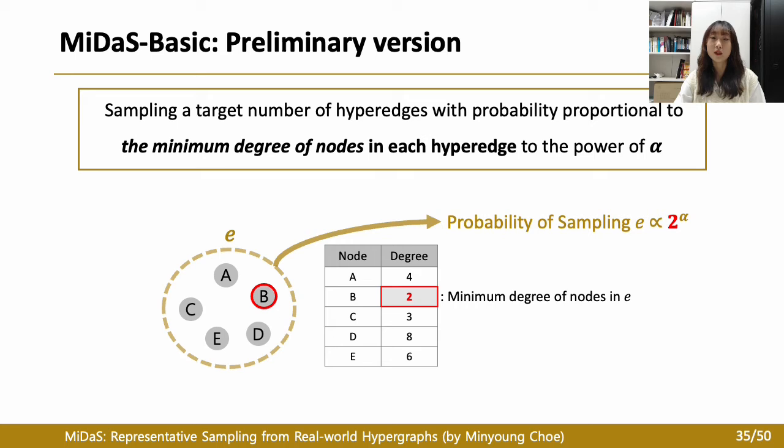For example, let's take a look at a hyperedge which consists of nodes with given degrees. Since the minimum degree of nodes in this hyperedge is 2, in this case we draw it with probability proportional to 2 to the alpha.